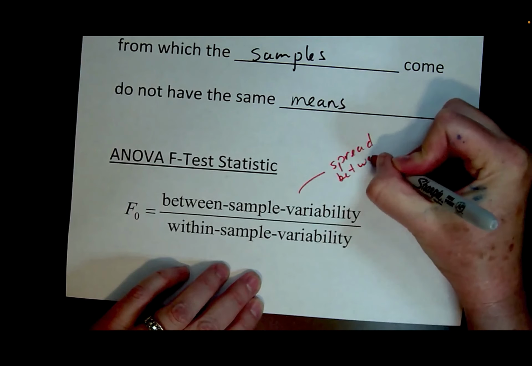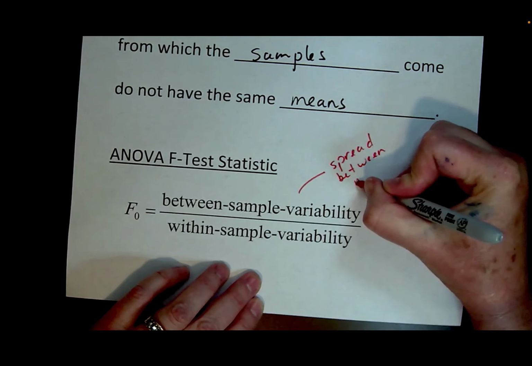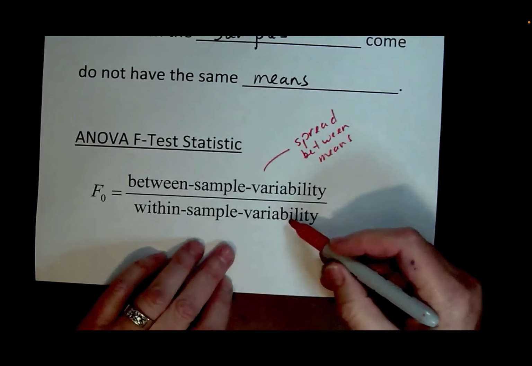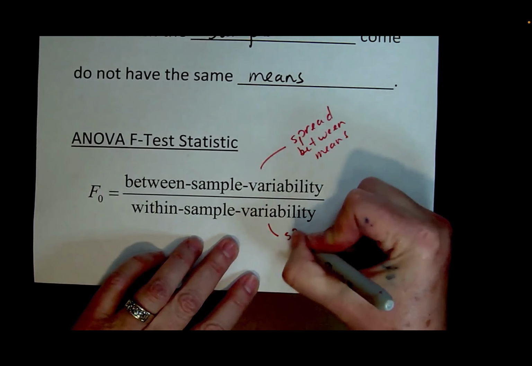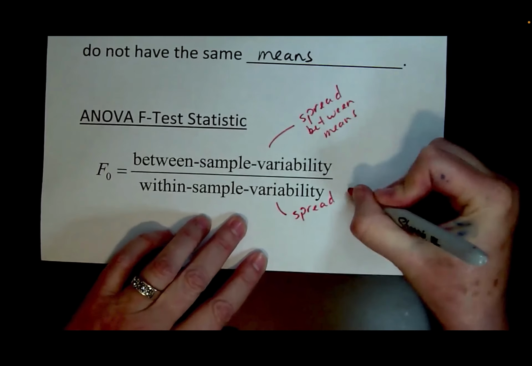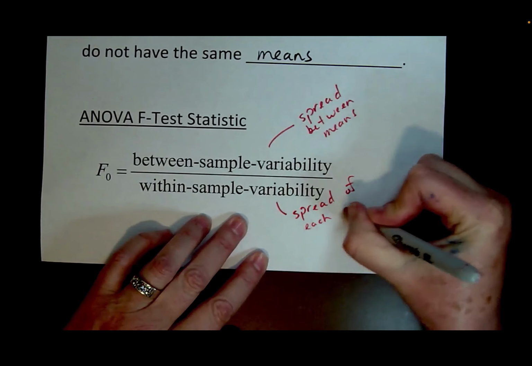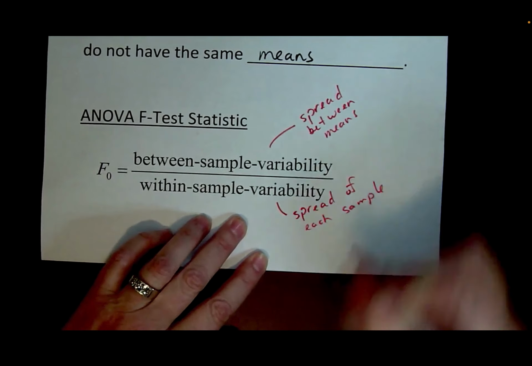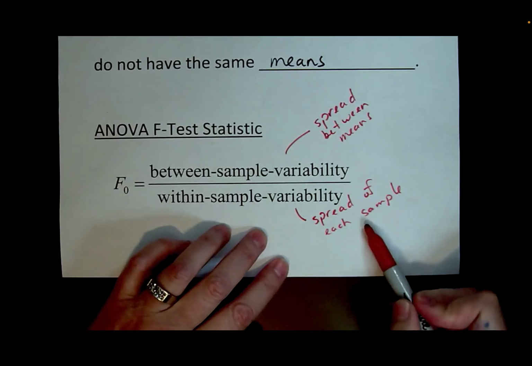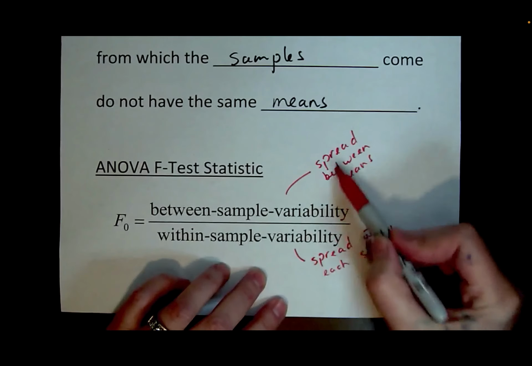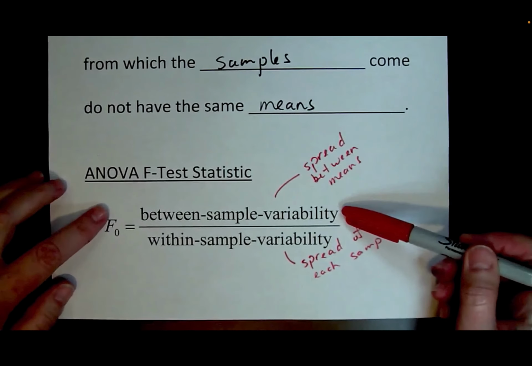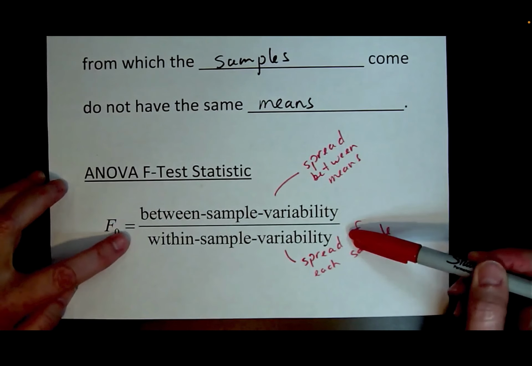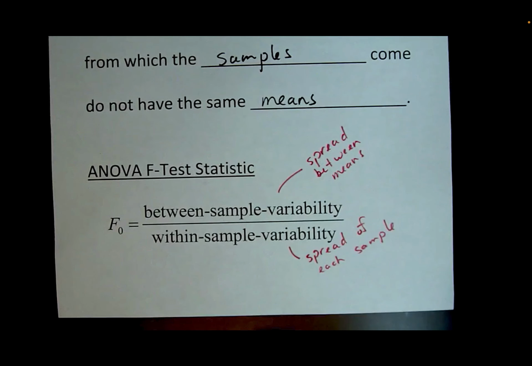How spread out the means are compared to the within sample variability, and that means what you probably think it means. It's the spread of each sample. Okay, so the dots above the number line, how spread out were they? The dots below the number line, how spread out were they? If the means are more spread out compared to each sample, then you have a bigger test statistic.